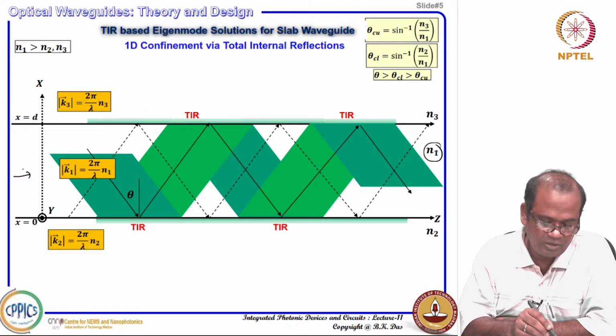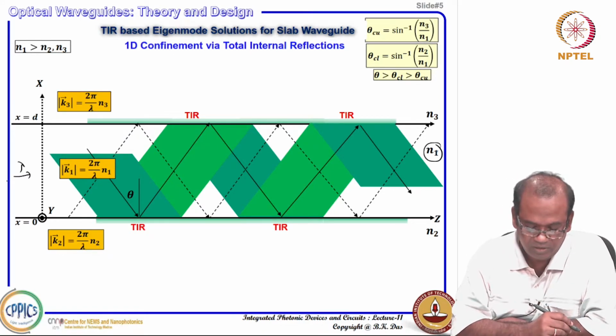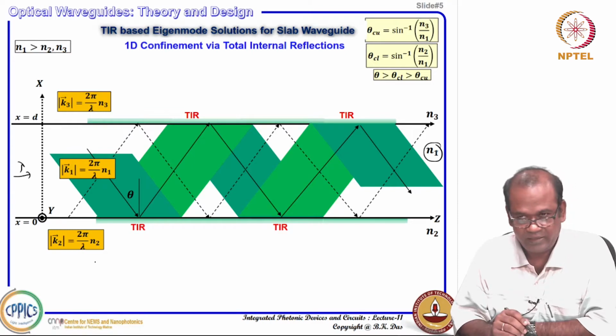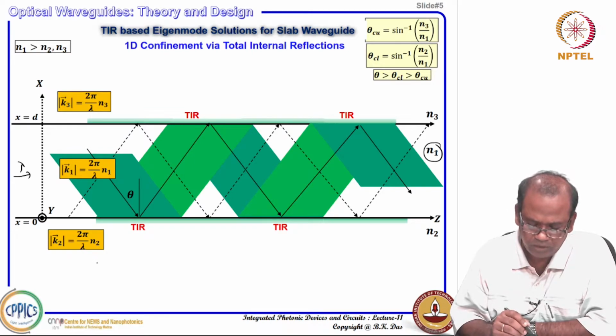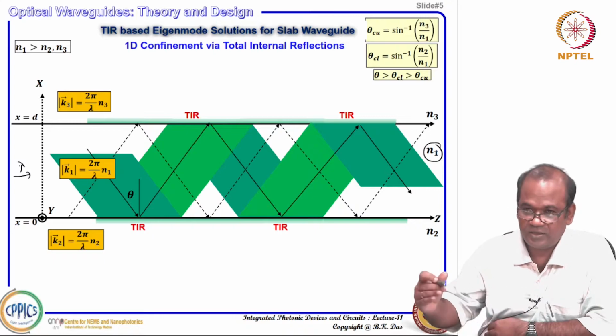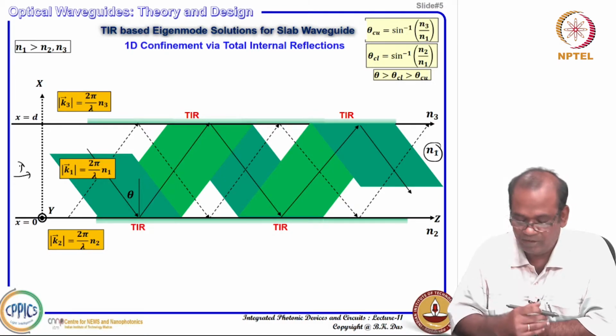Lambda is the wavelength in free space of the incoming electromagnetic wave, and N1 is the refractive index of the dielectric material, of course. Even though we are considering a semiconductor, 3 layer platform, we should choose this lambda such that the photon energy is less than the band gap, so that it can be seen like a dielectric material medium.